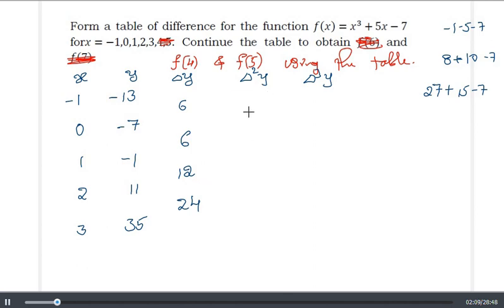Right, so now the second differences: this is 0, whereas here it is 6 and here it is 12. Okay, and the next difference I can see this is 6 and this is also 6. Now you see something here. Now this remains constant, so the power difference remains constant.